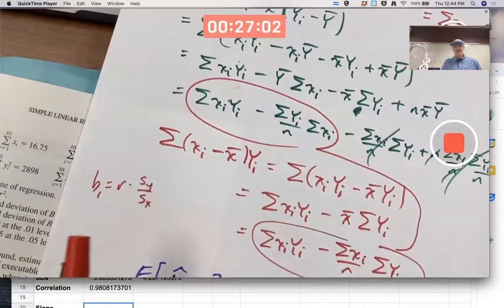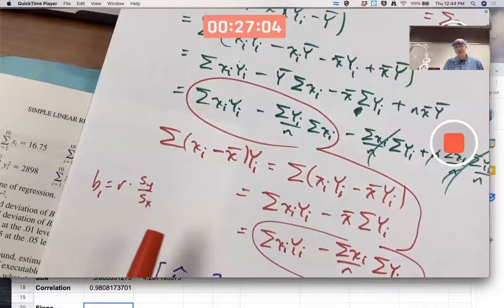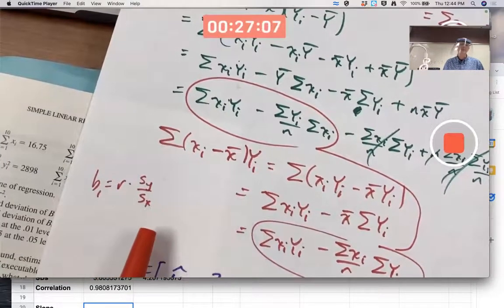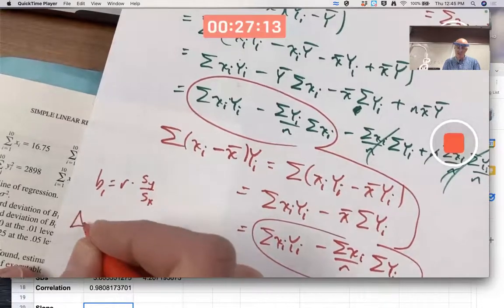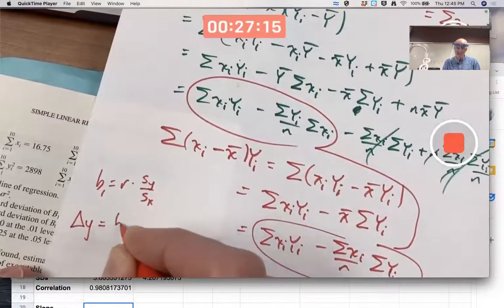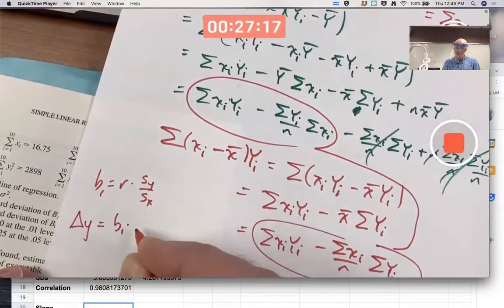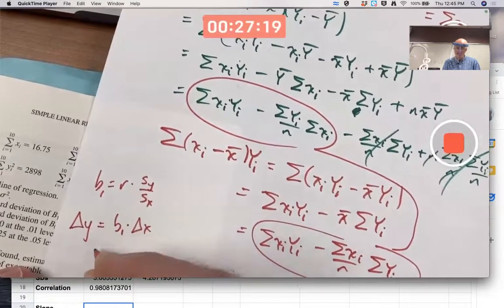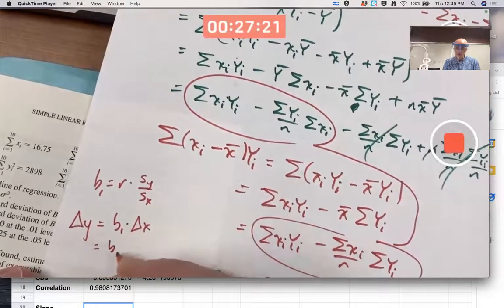This is actually a somewhat useful thing to know as well, besides just for computation's sake, because if you think about the meaning of slope as rate of change along a regression line, the change in y is the slope times the change in x, and therefore, since the slope is this, you can also write that like this.